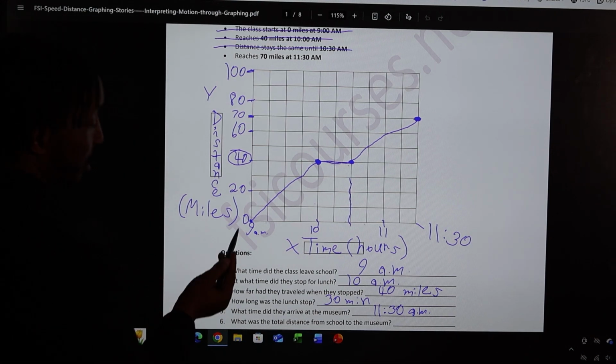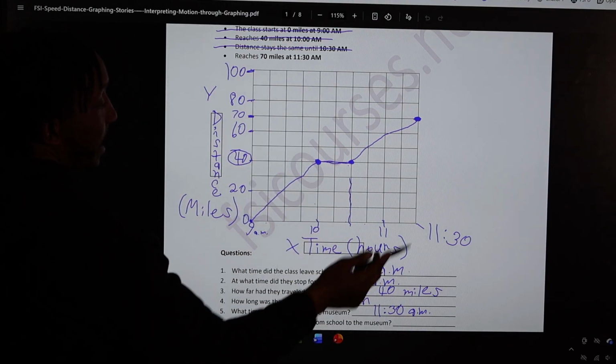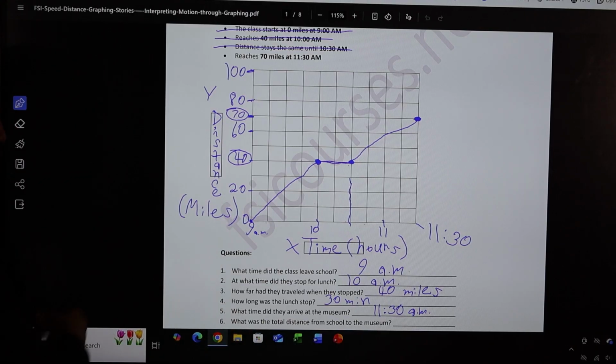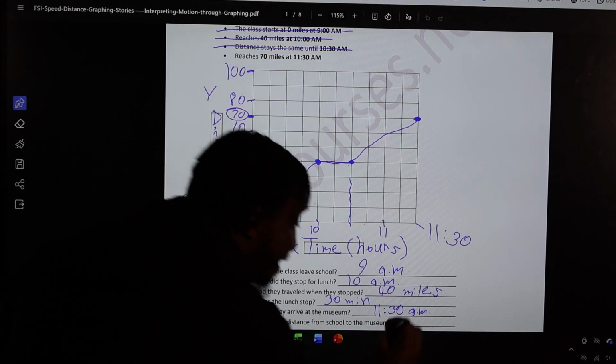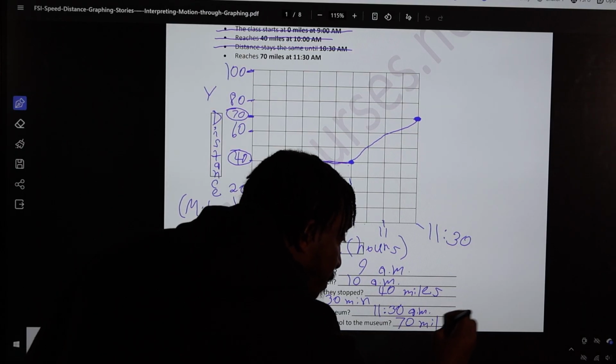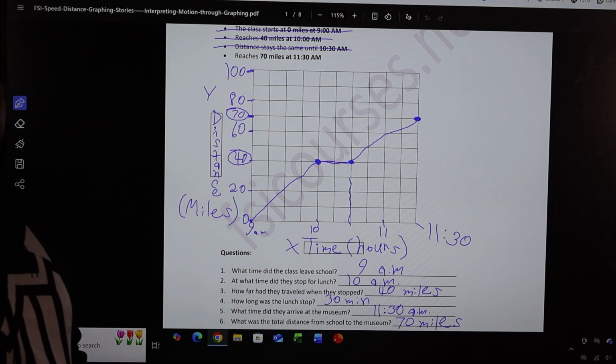This is very easy. We started at 0 miles, but then we stopped right here at 11:30 a.m. at 70 miles. So the total distance from the school to the museum was 70 miles. And there you have it. There's problem number one. Let's go ahead and look at problem number two.